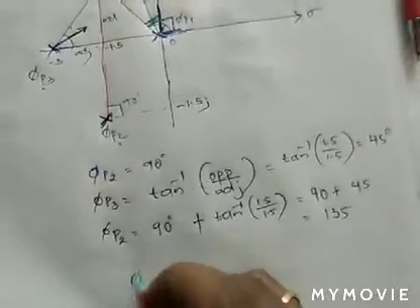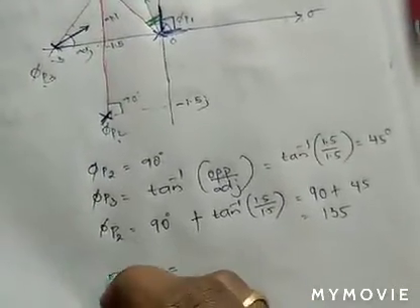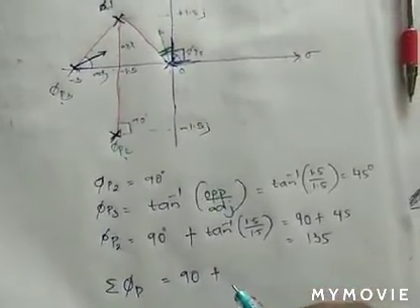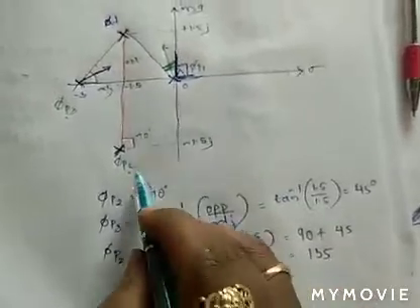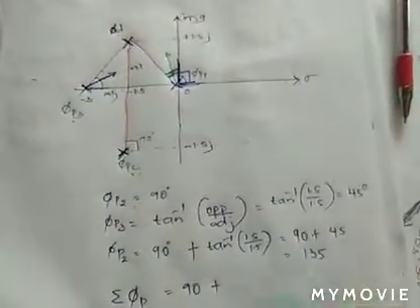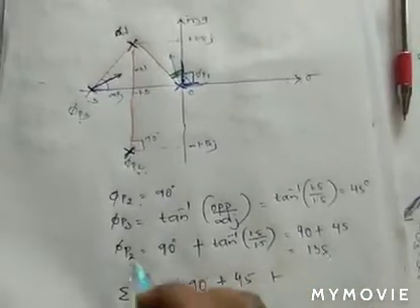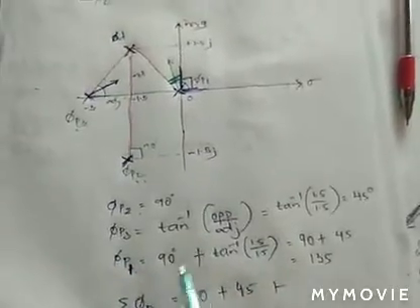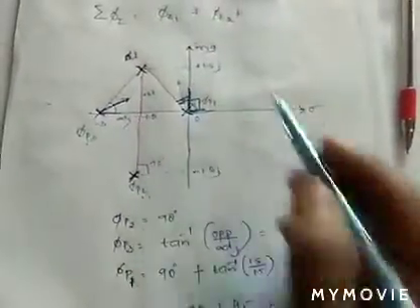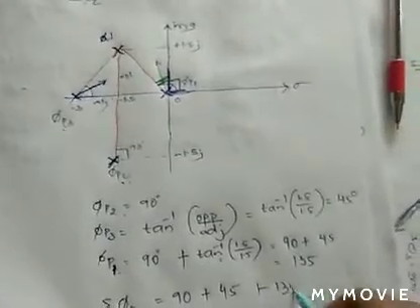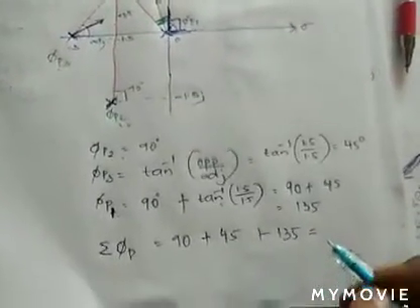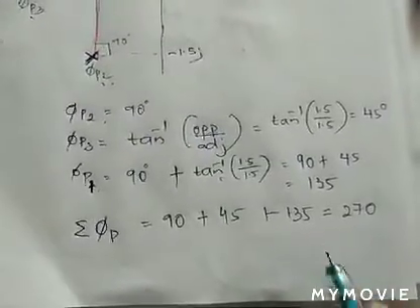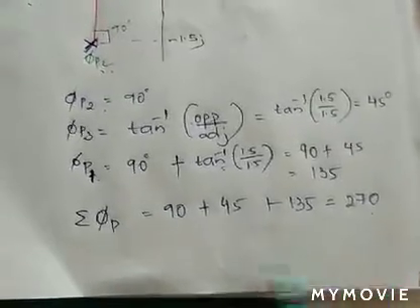Correct? So the summation of phi p means 90, phi p3 we got 45, this is phi p1, sorry. 90, and 90 plus tan inverse of this, so that is 135. So 90 plus 45 is 135, giving 270.